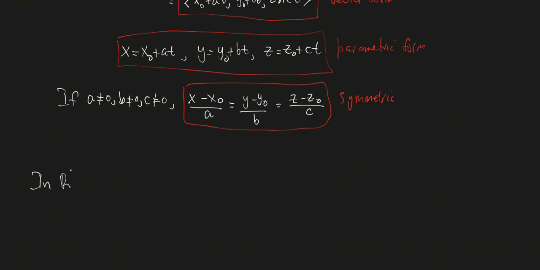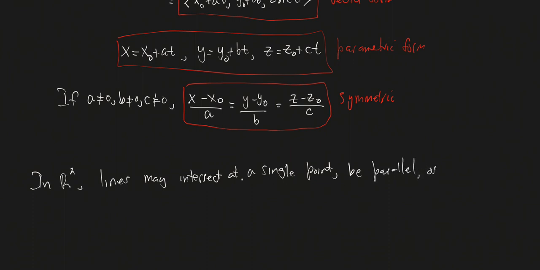Now, in R2, lines may intersect at a single point, or they may be parallel, or they may be identical.